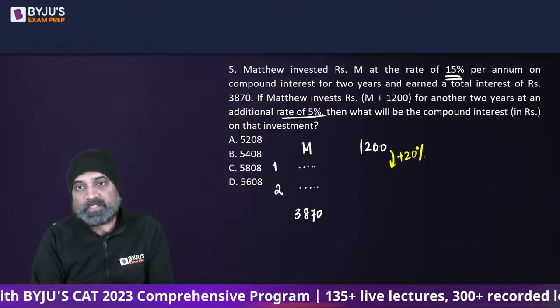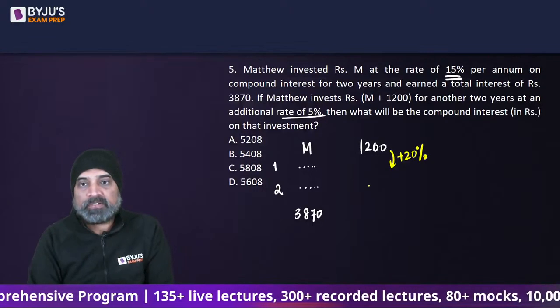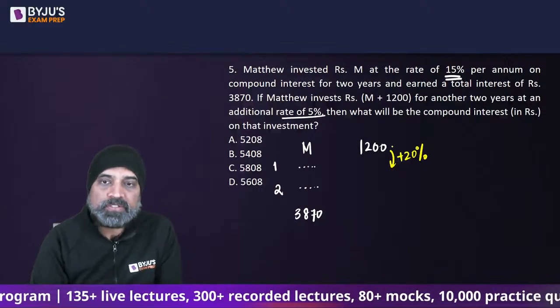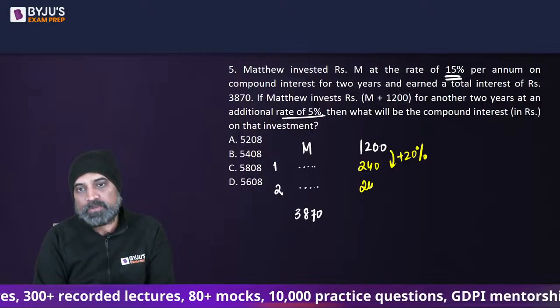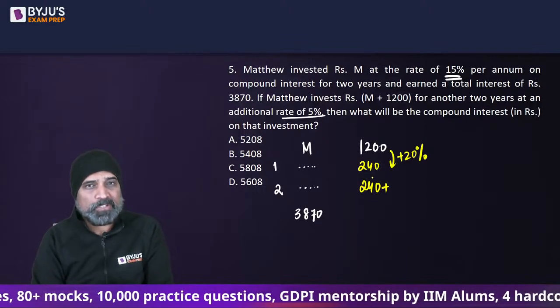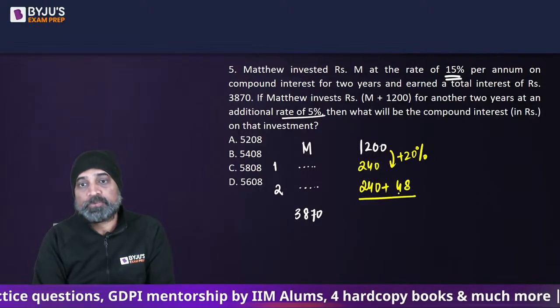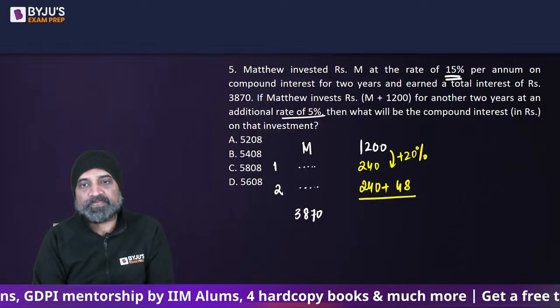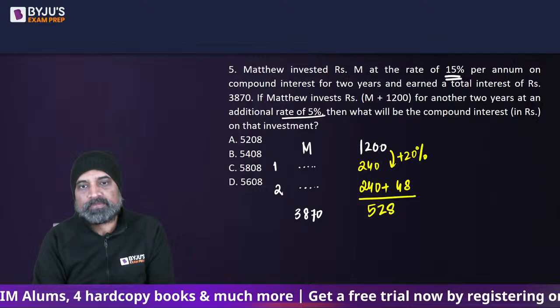So 20% of 1,200 is 240, and then 240 plus an additional 20% of 240, which is 48. So from 1,200, he gets 528.